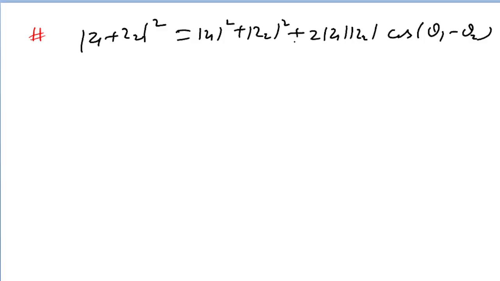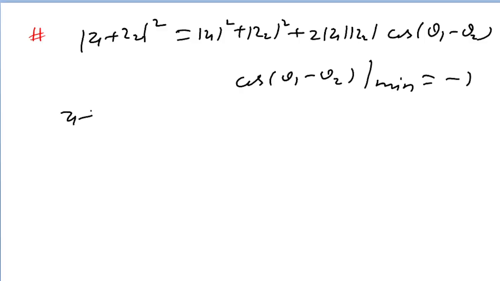So here, when cos(theta 1 minus theta 2) has a minimum value of minus 1, since it is a minimum value, I can say that |z1 + z2|² has a minimum value.